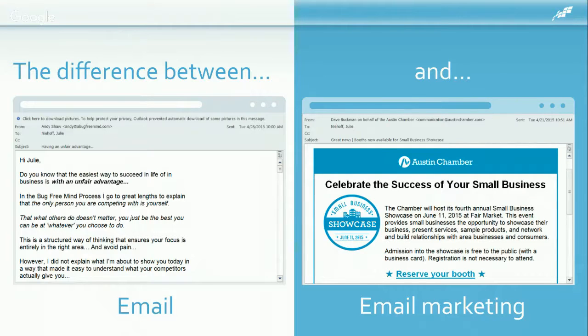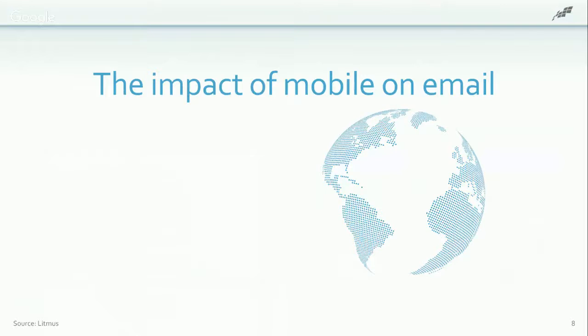This particular organization wants you to reserve your booth. It's branded correctly. It doesn't take you a lot of time to read. It's visually appealing. That's what we want to get to. An email service provider like Constant Contact will be able to do that for you. You don't necessarily have to use Constant Contact, but because we like them, that's what we're talking about today.